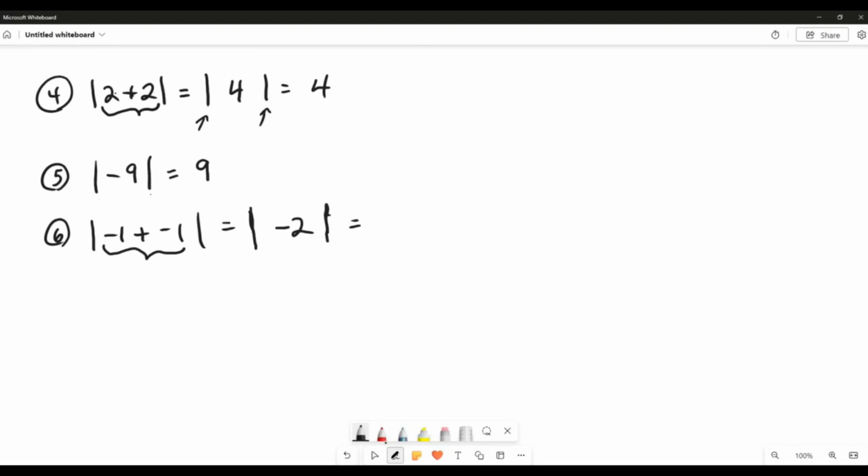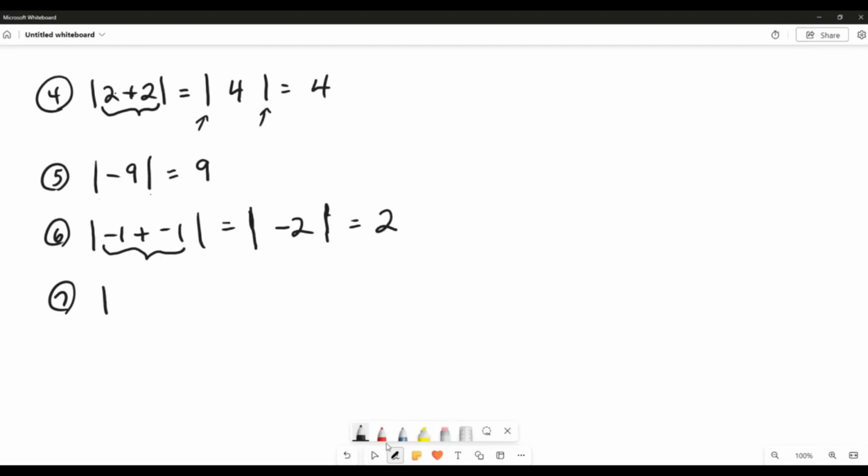So I have to clean up or evaluate what's inside those absolute value bars first. And then when I have a single number left inside the absolute value bars, that's when I can take the absolute value. The absolute value of negative 2 is positive 2 because negative 2 is 2 units away from 0.